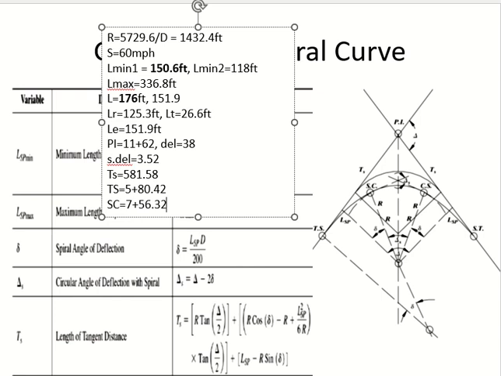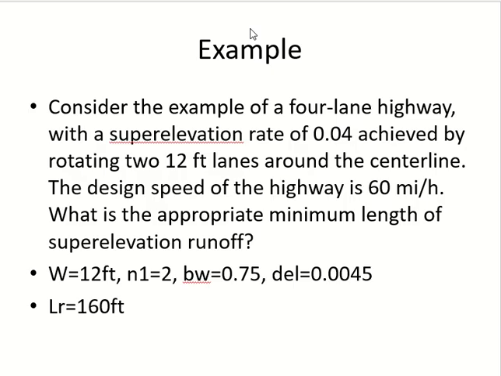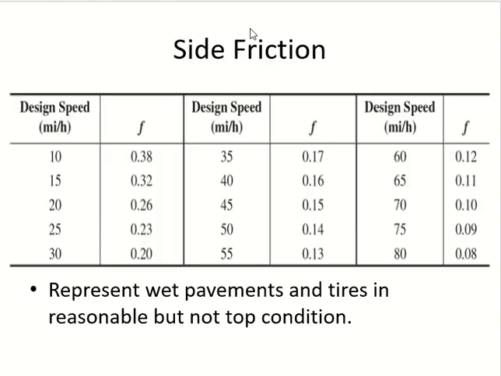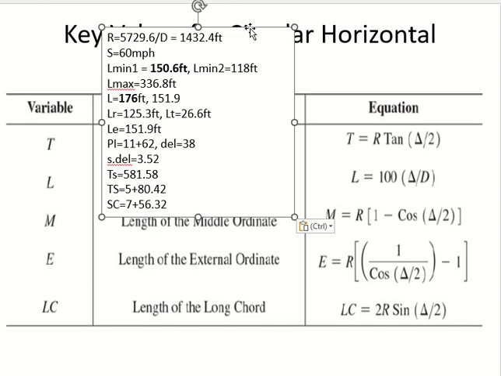Between these 2 points I have what? Which curve is this? The circular curve. So I need to find out the length of this curve. I already know the degree of the curve, which is 4.